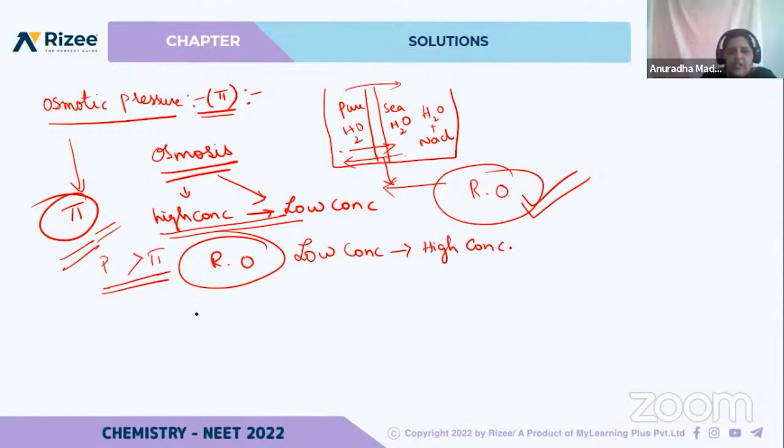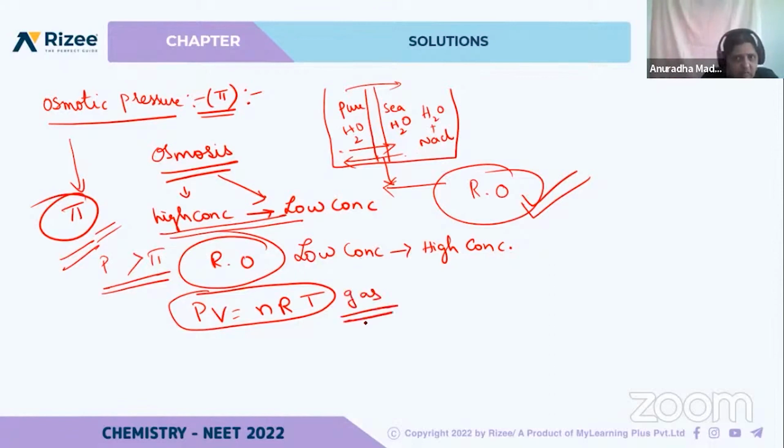So what is the relation here? For gases, what is the relation between pressure and temperature? PV equals nRT. But that is for gases. Here we are taking dilute solutions, because with water plus NaCl we are adding some solute. Can't we write pi instead of P here? Because the pressure applied here is osmotic pressure, that is pi.